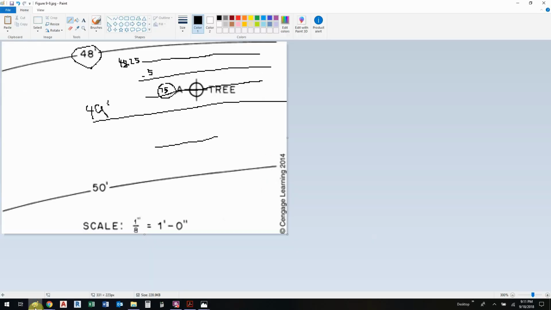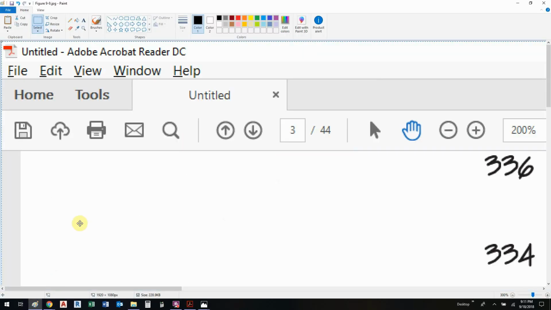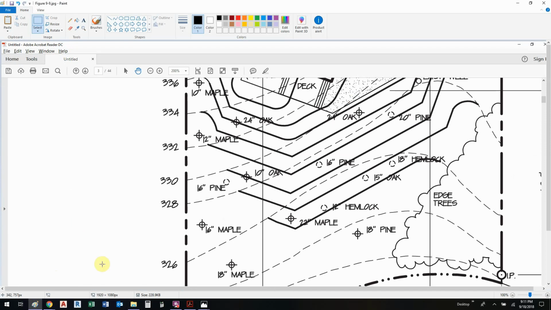And I can go over to Paint and open it up, shrink it down to where it is usable, and then I can draw on here. So here is 333.